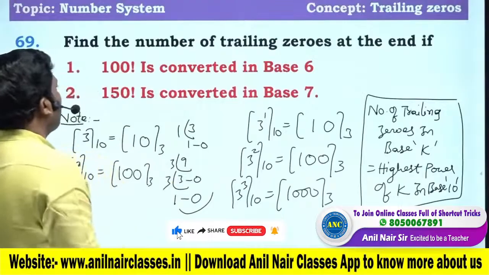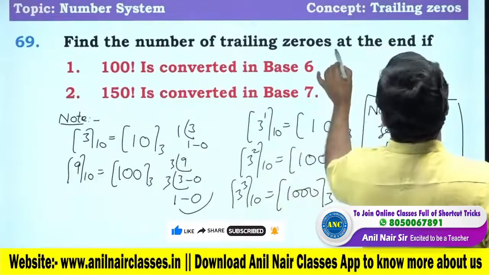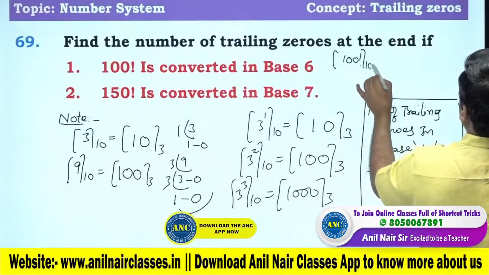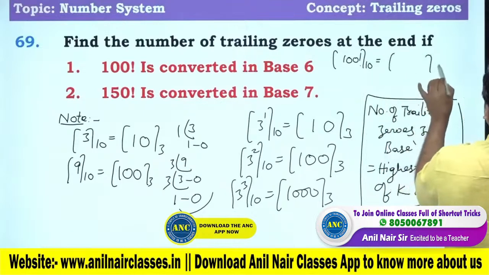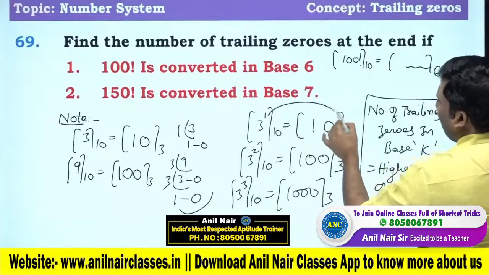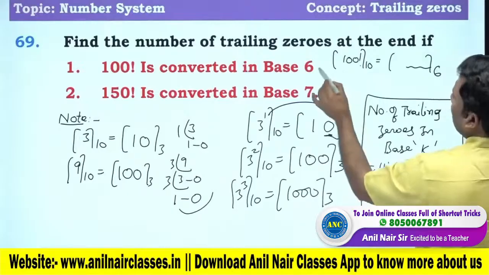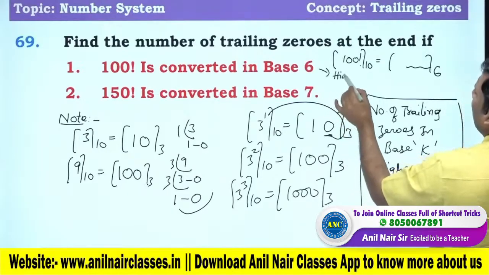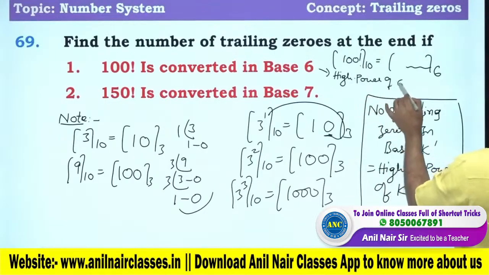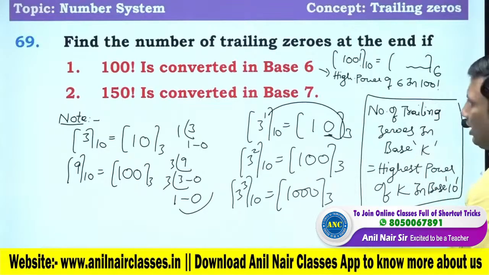Now, the question is, find the number of trailing zeros in 100 factorial when 100 factorial in base system 10 is converted into base system 6. This question is equivalent to finding the highest power of 6 in 100 factorial.